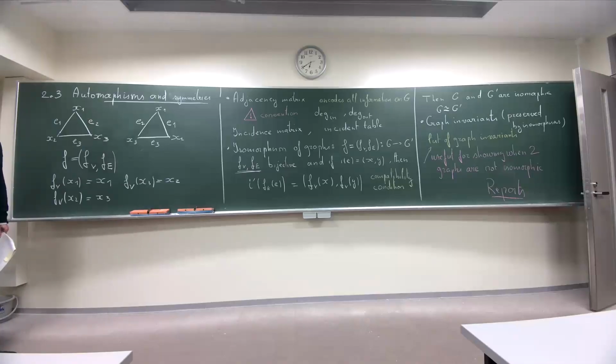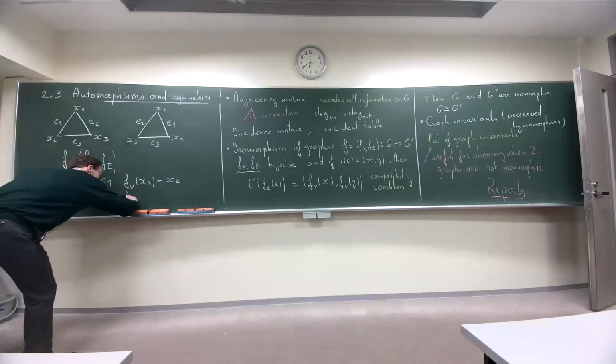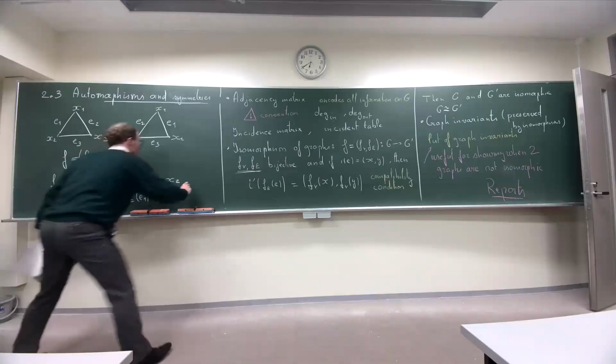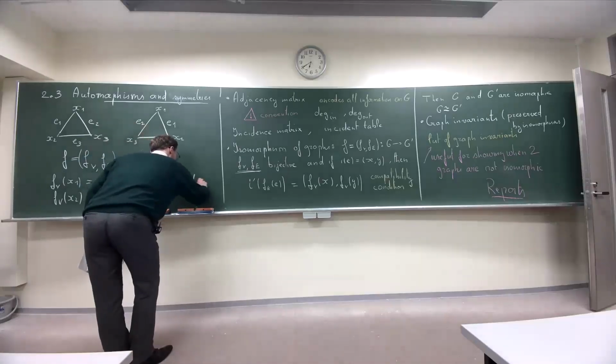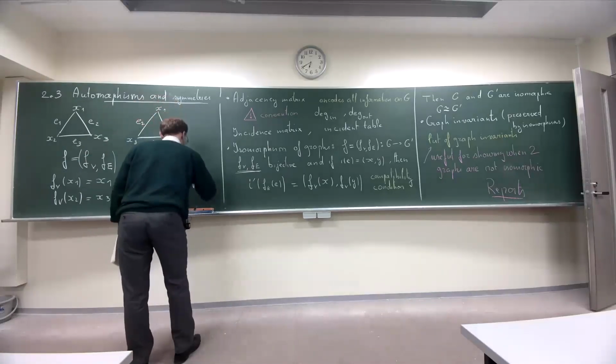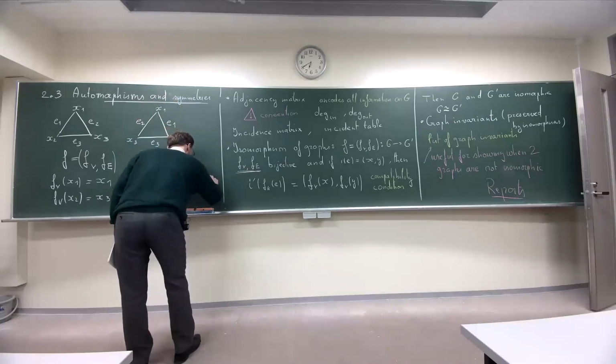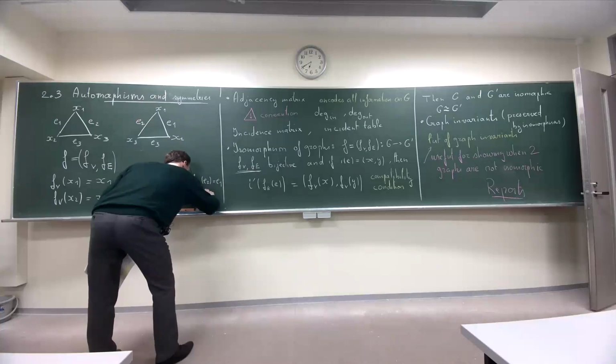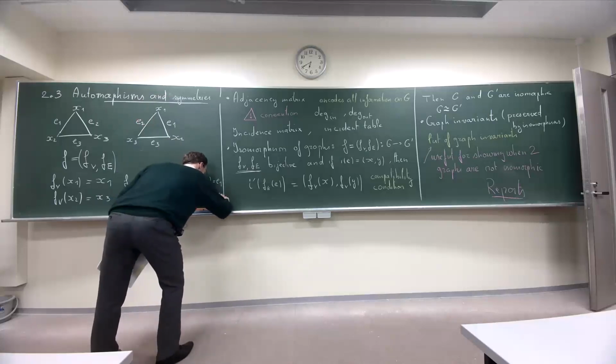I need to say something also about fe. So fe of e1 is going to be e2. fe of e2 is going to be e1, and fe of e3 is e3.